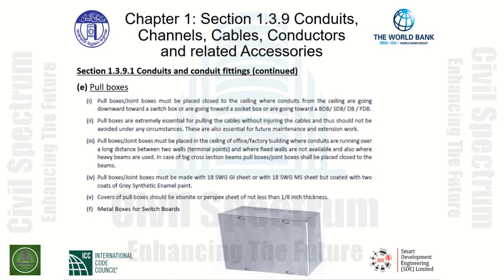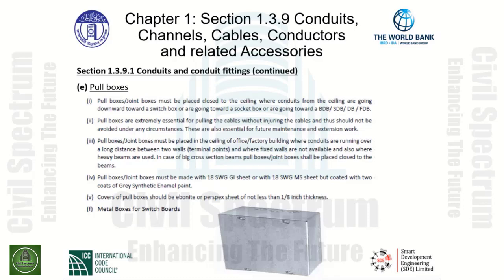Item number 1, pull boxes, joint boxes, must be placed close to the ceiling where conduits from the ceiling are going downward toward a switch box or are going toward a socket box or are going toward a BDB, SDB, DB, or an FDB.